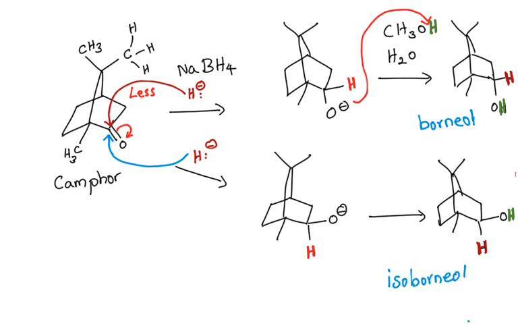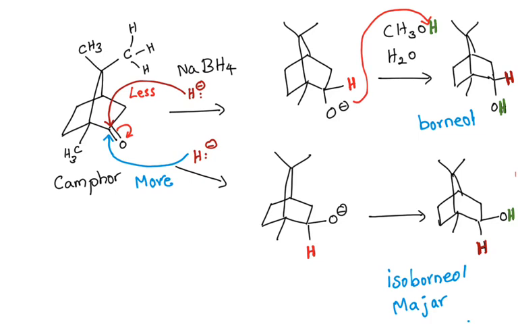And we just discussed that the bottom attack is more favorable, and it gives isoborneol as the major product. Right? These two are stereoisomers, and the major one is isoborneol with a hydrogen in the bottom.